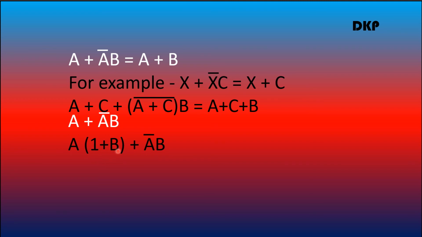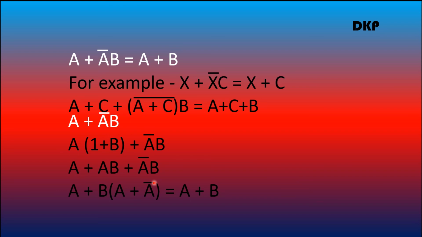That is 1 plus A is 1, 1 plus C is 1, 1 plus B is 1. So you can write this A as A into 1 plus B because 1 plus B is equal to 1. A into 1 is A plus A bar B. Now this can be written as A into 1 is A plus A into B is AB plus A bar B.